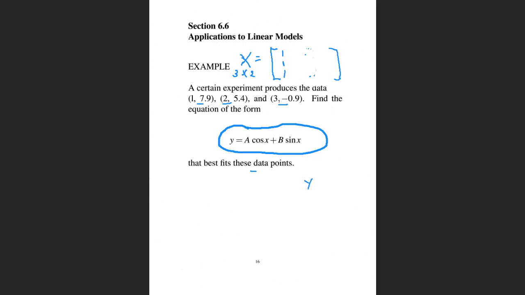So when you had y equals beta 0 plus beta 1x, you can think of that as beta 0 times 1 plus beta 1 times x. So in that case, the 1 here is okay. But you don't have that here.